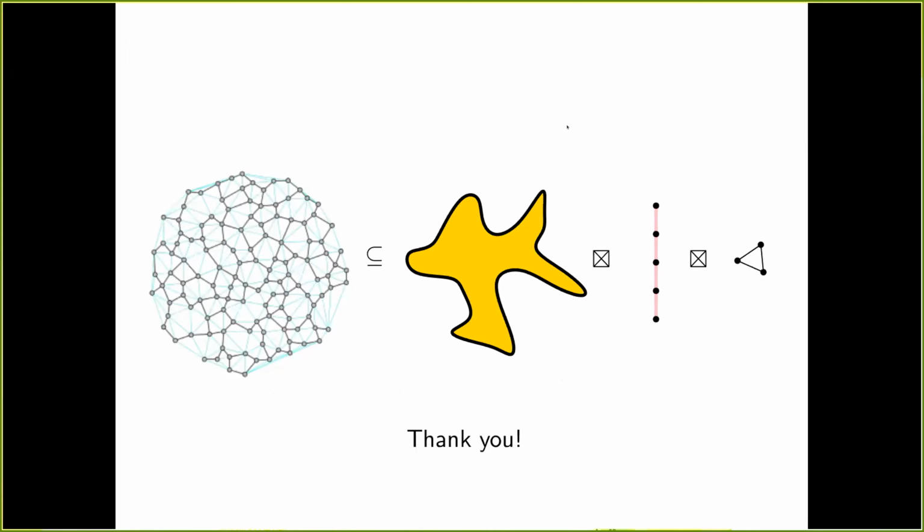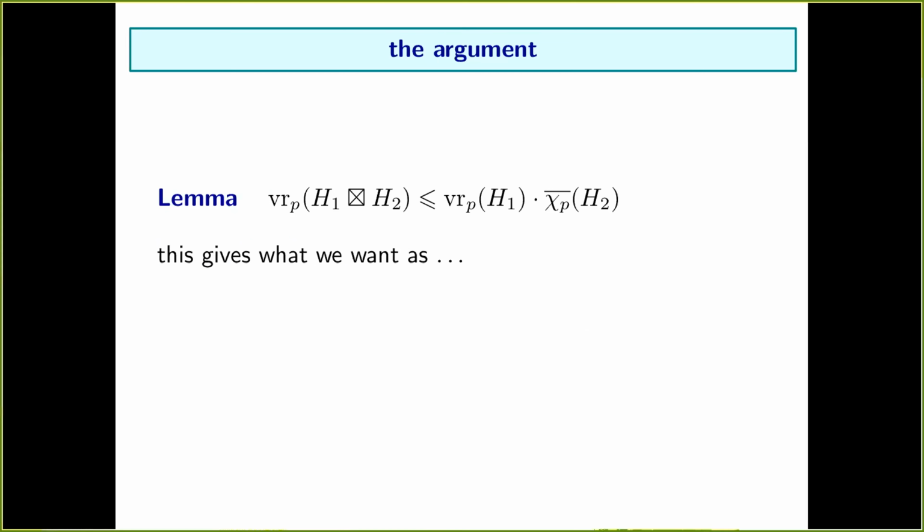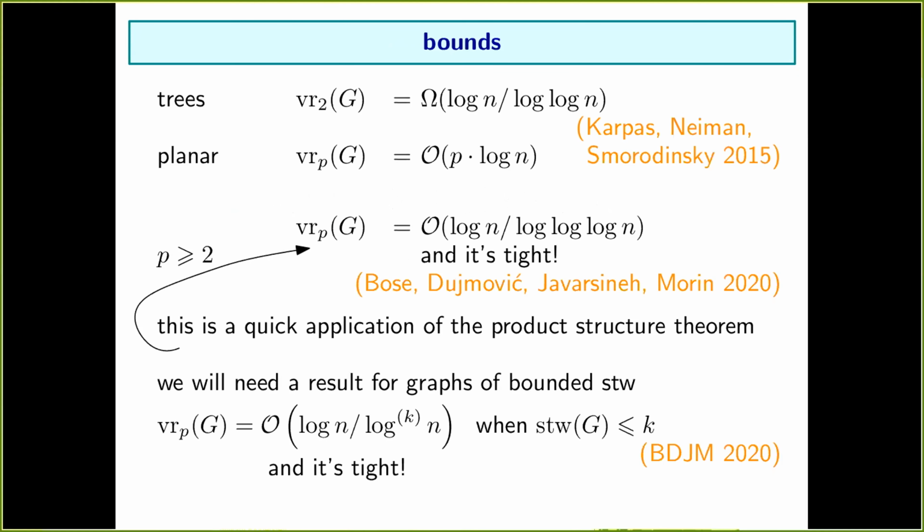I have a question on the last result you're mentioning. This result is for planar graphs. Do the trees get up that high, or is there a better upper bound for the trees? No, trees, I mean, Pat, you can correct me, but let me make a statement that this asymptotics actually comes from the bounded simple tree width situation.